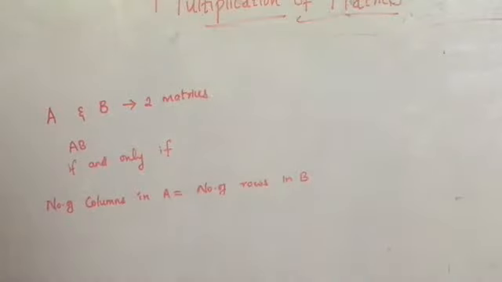If you have two matrices, the number of columns in the first matrix should be equal to the number of rows in the second matrix. So let us start with the first exercise. Let us do a few problems based on that.